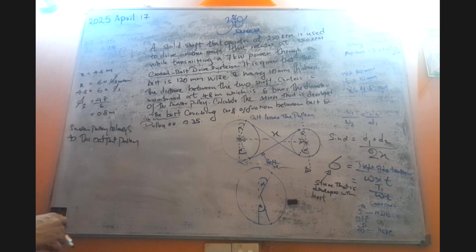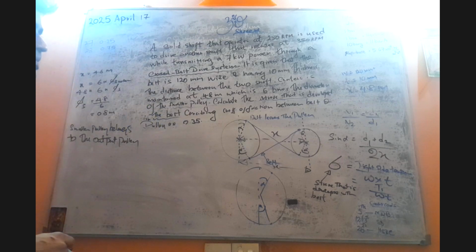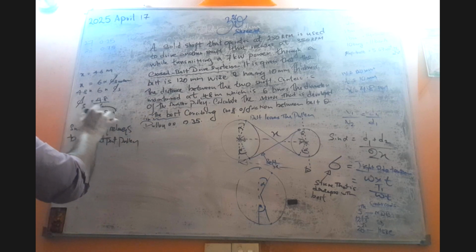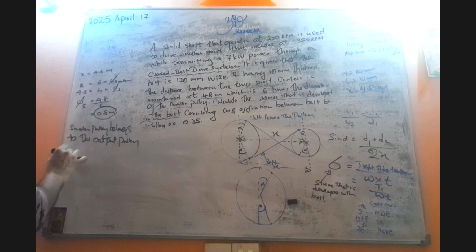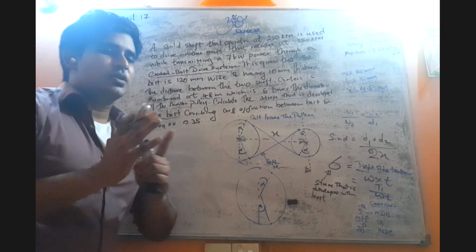What is the reason? Because that RPM is the largest. So we can better say, this 0.8 meters is D2. D2 equals 0.8 meters, because our notations are going like that.